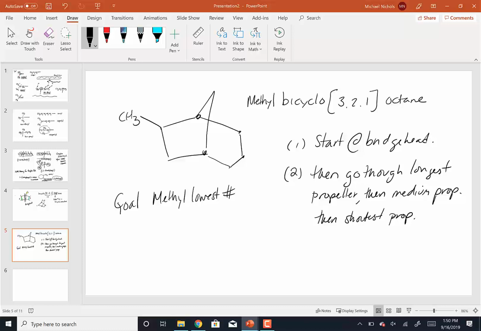When I go 1, 2, 3, 4, 5, that has to be in a continuous motion until I get to the third propeller.